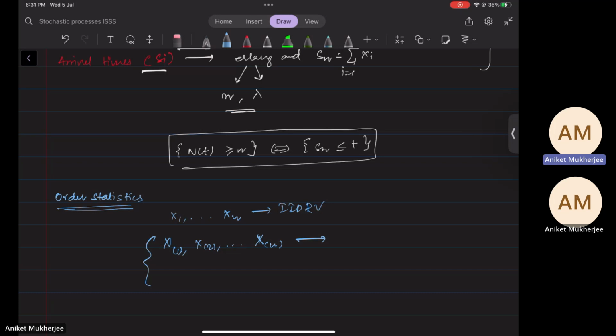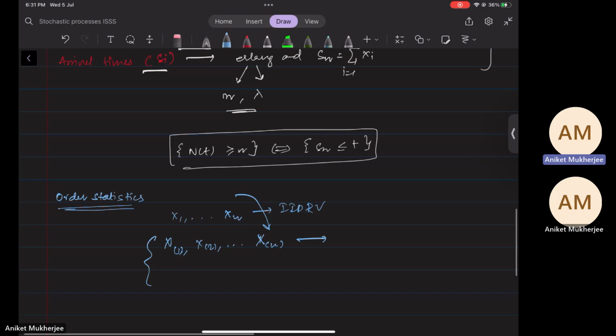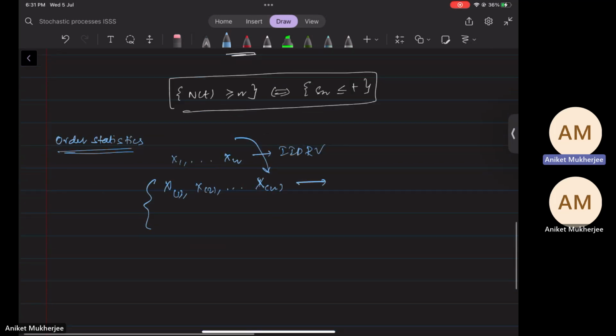This distribution you can find from the non-ordered random variables' distribution. And these we use to find the conditional distribution of the arrival times.